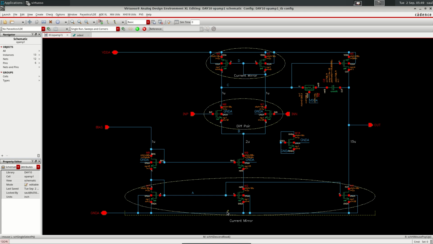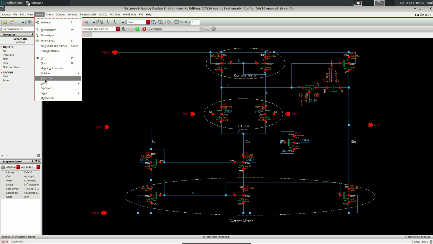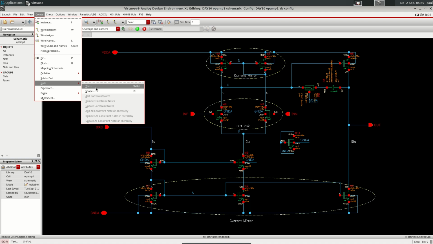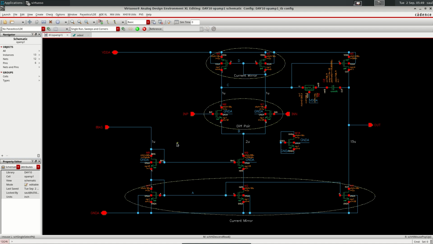First you notice here that I have annotated the currents. I use the note, text or shape, to annotate the currents that I am using, and this is useful information because we have to dimension the tracks for the current that they have to stand in order to avoid electromigration.